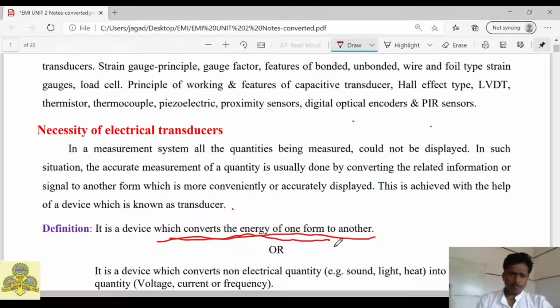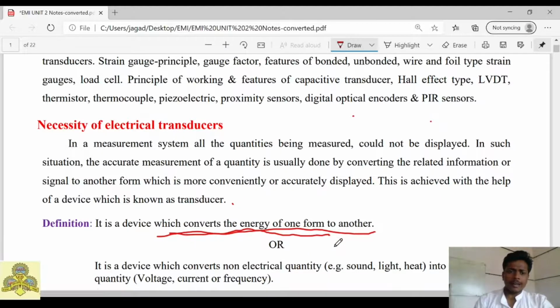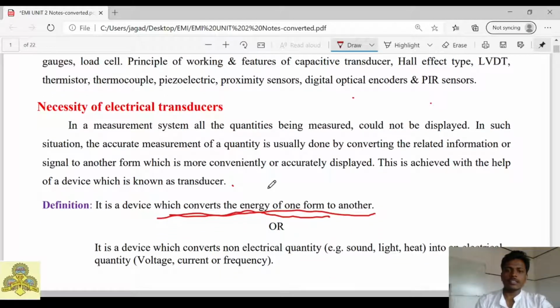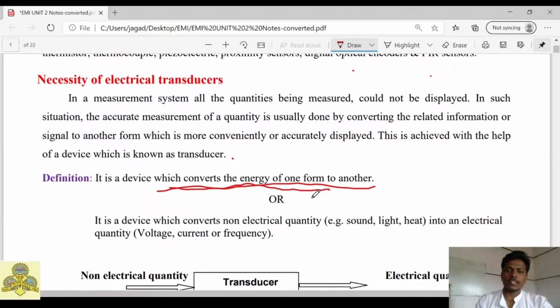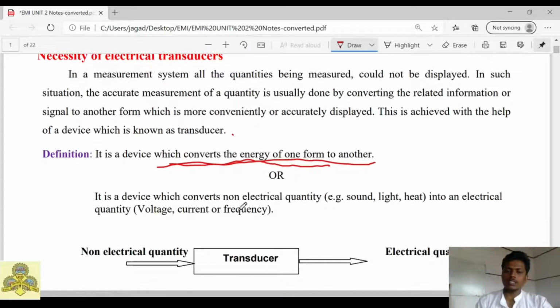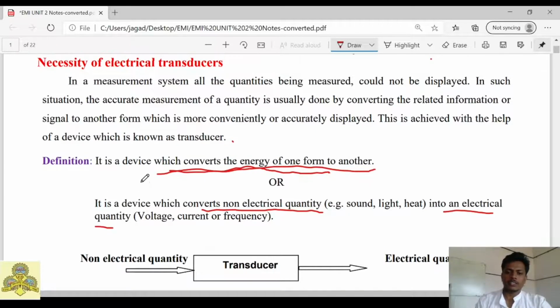We also have electrical transducers, which are a part of transducers. What is an electrical transducer? A device which converts a non-electrical quantity into an electrical quantity. So any form of energy converted into an electrical quantity, that kind of transducer is called an electrical transducer.